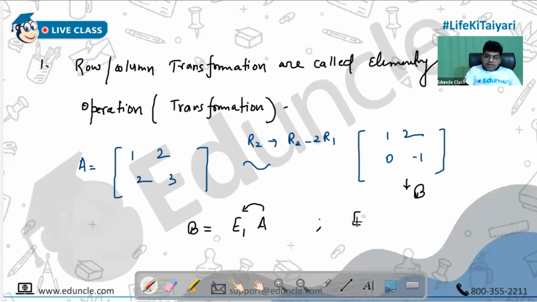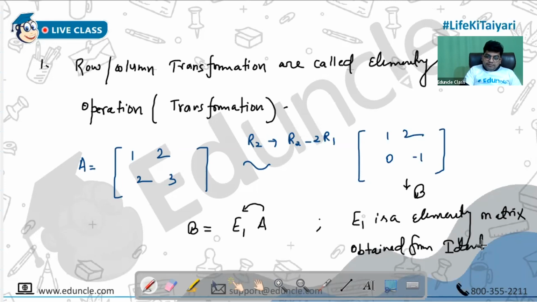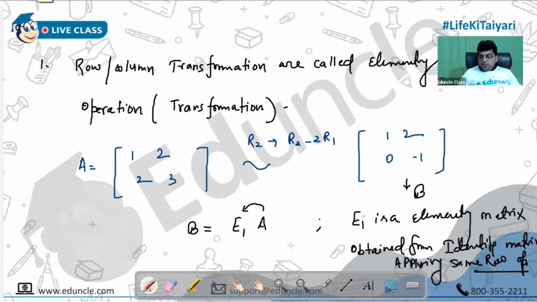E1 is an elementary matrix obtained from the identity matrix by applying the same row operations. Am I clear? Do you know this thing? Yes or no?